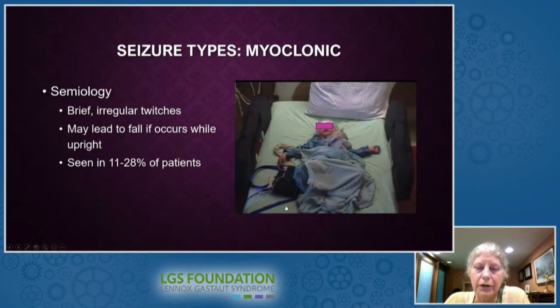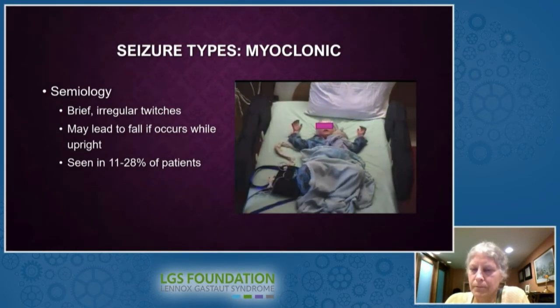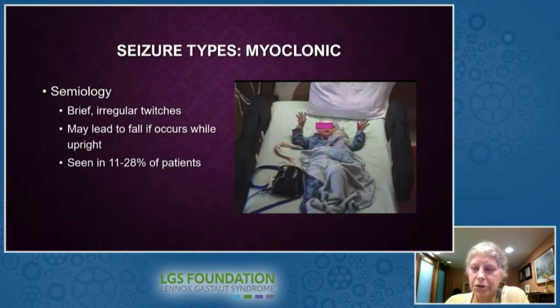And then myoclonic seizures. Myoclonic seizures are brief, irregular twitches. Again, they can lead to a fall if they occur when the child is upright, so it can result in a drop. These are seen in at least a quarter of patients with Lennox-Gastaut syndrome. Here you see some myoclonic jerks in this patient.